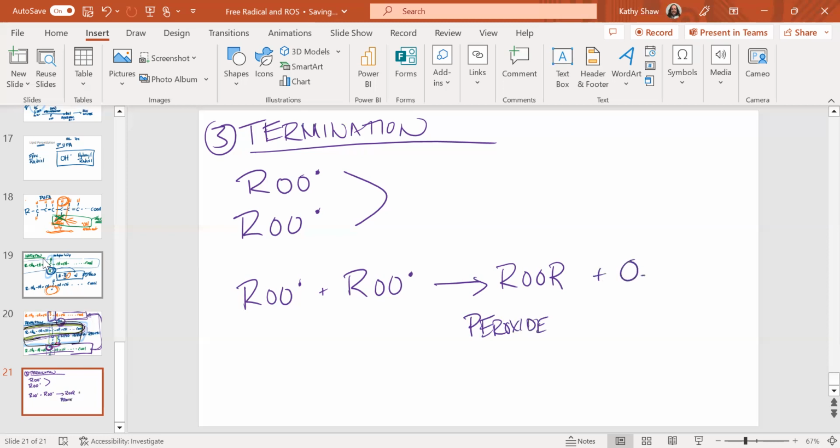And it gives me back an oxygen. So the 2 lipid radicals react, form the peroxide. They're done. We've terminated, form the oxygen. So it stops the chain. It stops the production of more free radicals. The big point, though, is that the damage to the tissues and everything has been done at that point.